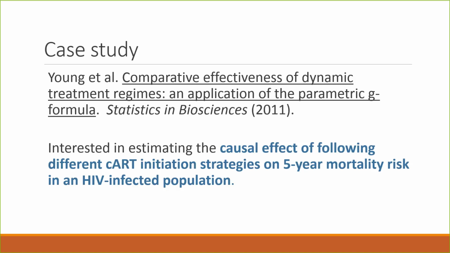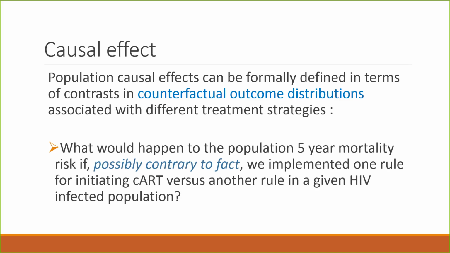Okay, before we go any further, this is a conference on causal inference, and we should be clear about what we really mean by a population causal effect. What do we mean by a causal effect on risk? By this we mean a contrast in counterfactual outcome distributions, say means or risks, associated with implementing different treatment strategies.